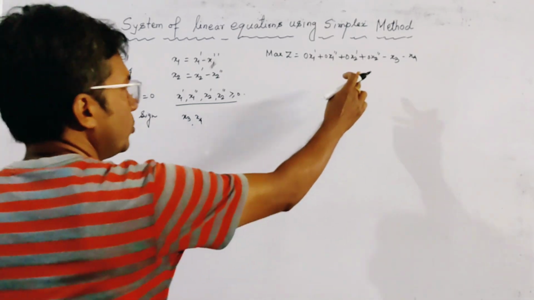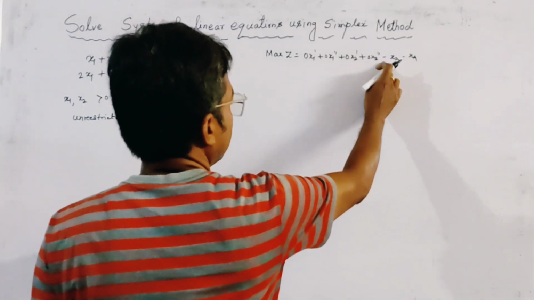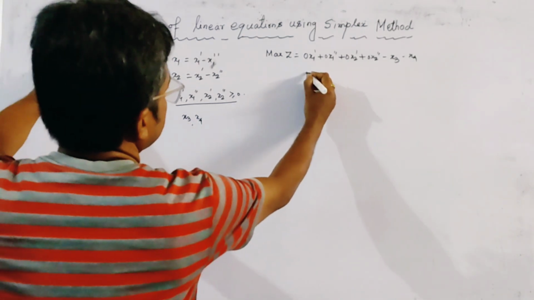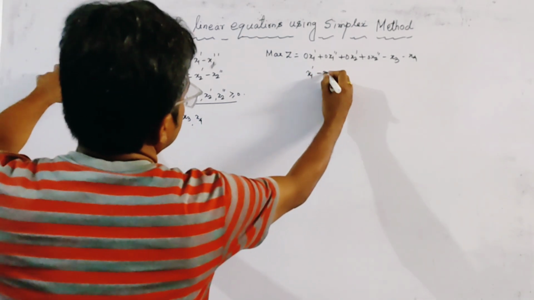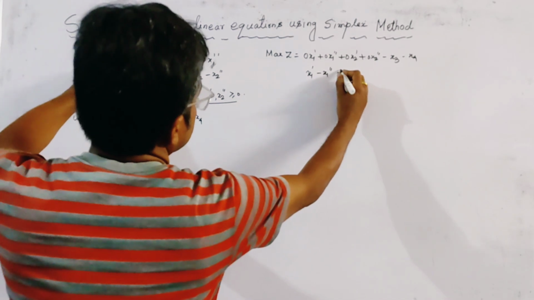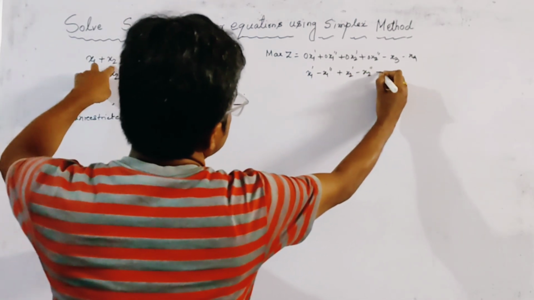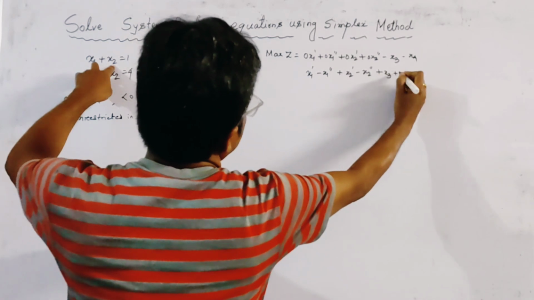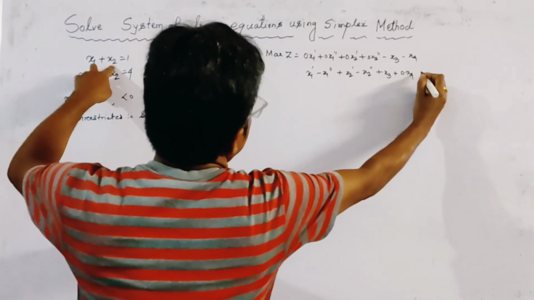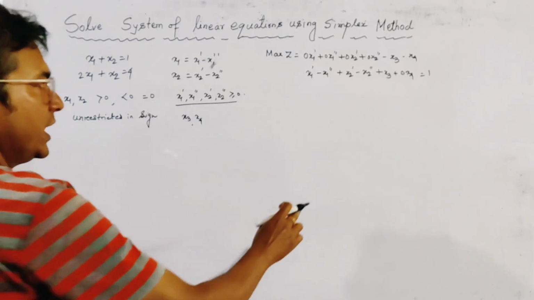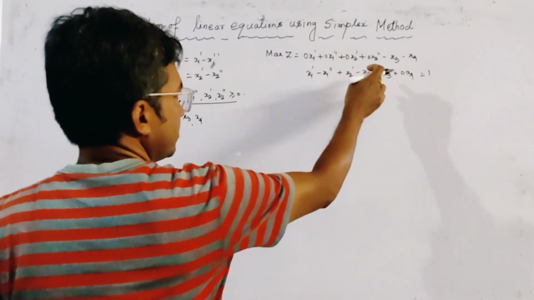So the coefficients of the artificial variables are -1. The constraints are: x1' - x1'' + x2' - x2'' + x3 + 0x4 = 1, the first constraint, where we introduce x3 as the artificial variable.